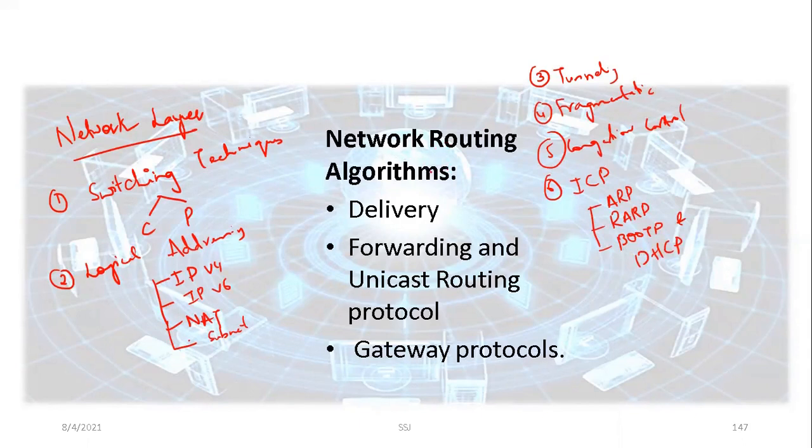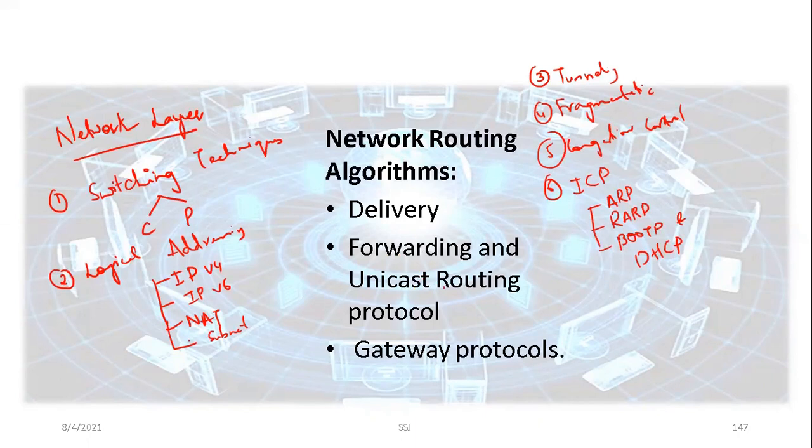So basically, how in the network layer the delivery is done, what is forwarding, and what do you mean by routing tables, and what kind of protocols are used to deliver the packet from one router to another router, then to the destination from a given source.